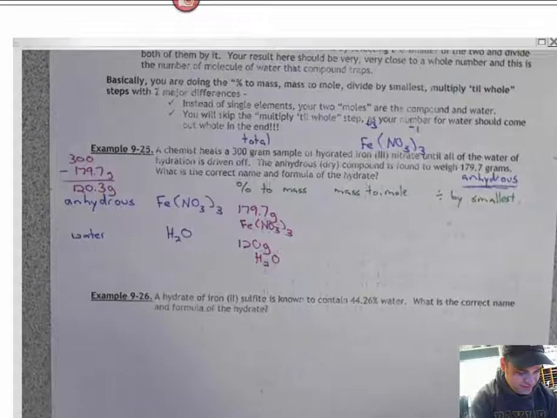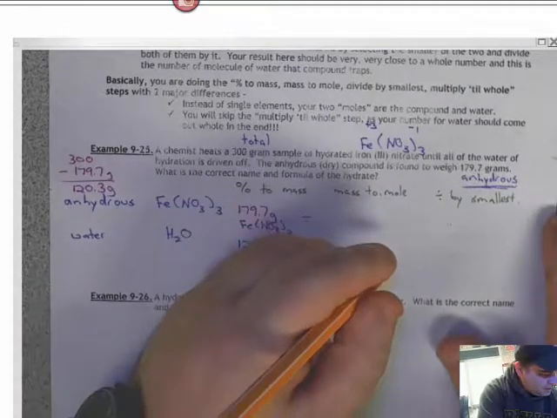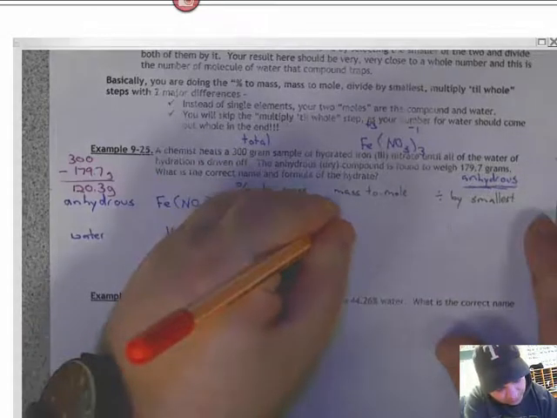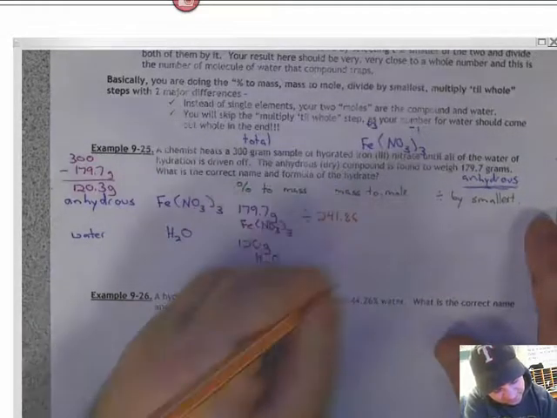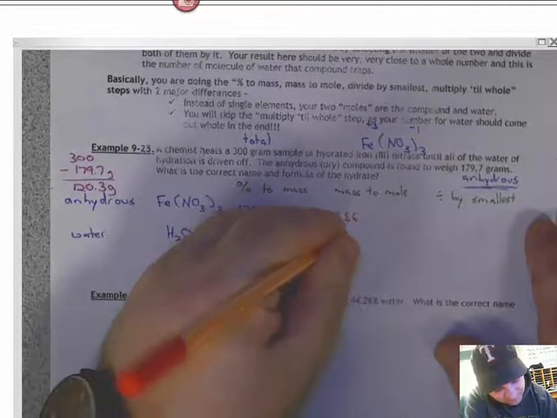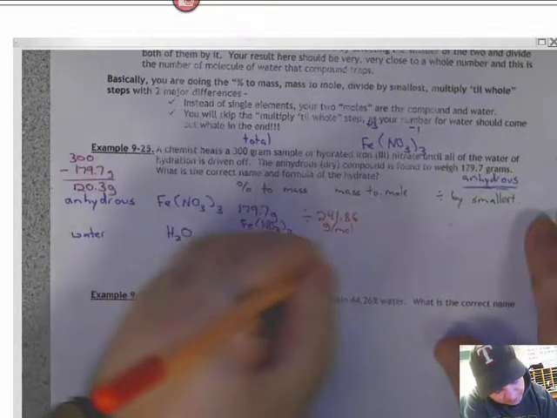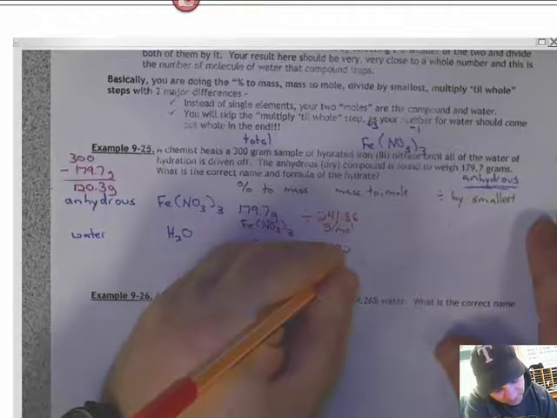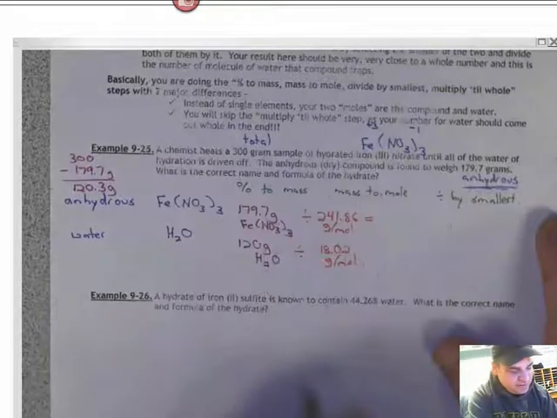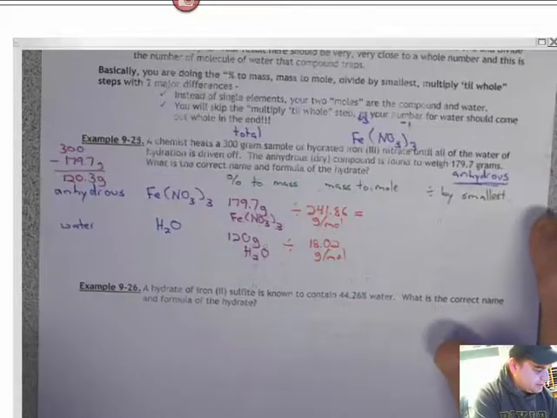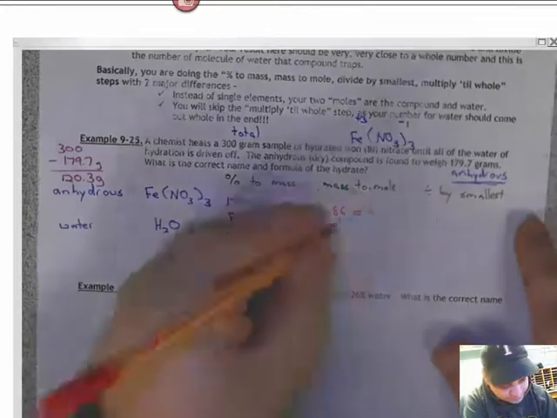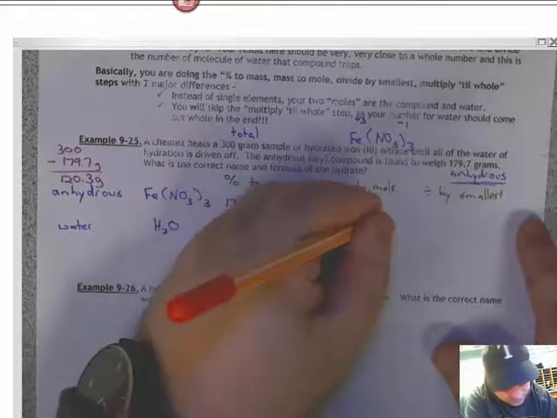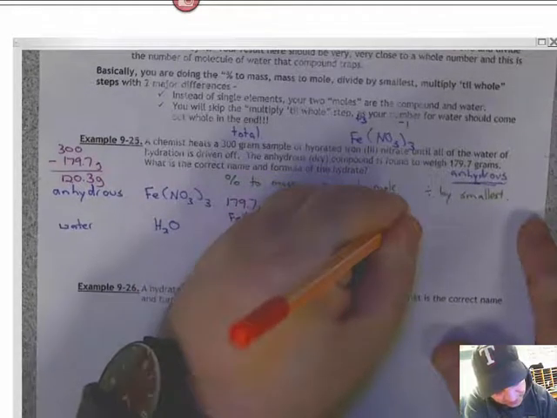Mass to mole. So we're going to divide by the molar mass. Are you going to trust me on the molar mass for this one? Sure you are. 241.86 g/mole. Here we're going to divide by 18.02 g/mole. So you divide those numbers and you get 7.4299.